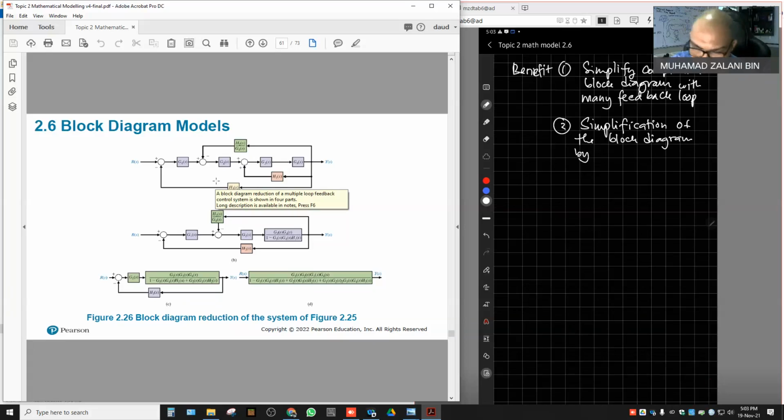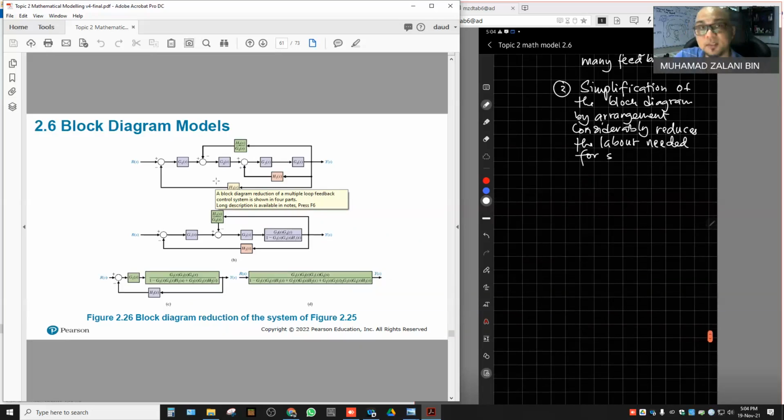This is from the textbook: by arrangement considerably reduces the labor needed for subsequent mathematical analysis. Meaning it simplifies.